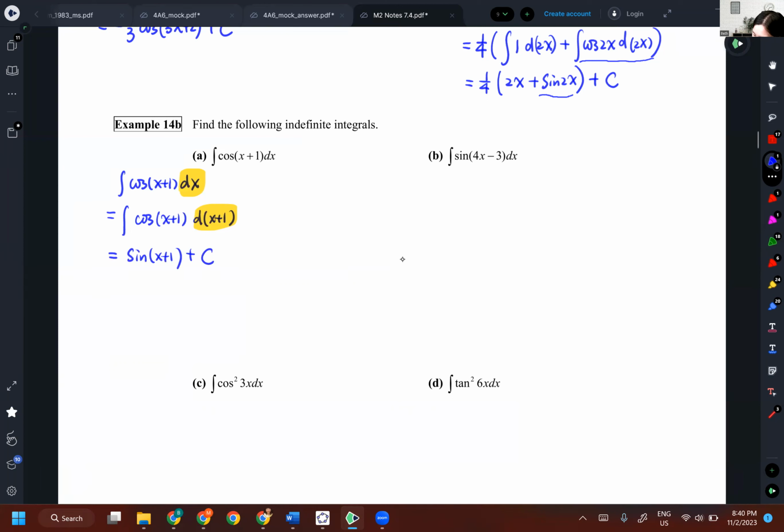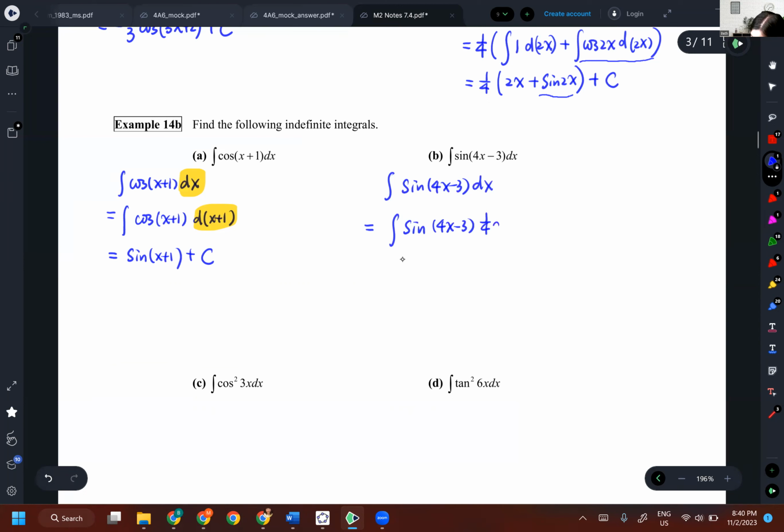Next one. Sine of 4x minus 3 dx equals sine of 4x minus 3, 1 over 4 d(4x minus 3). That is 1 over 4 sine u du.